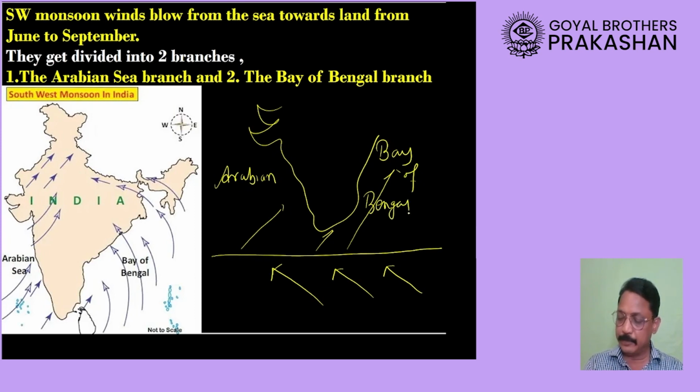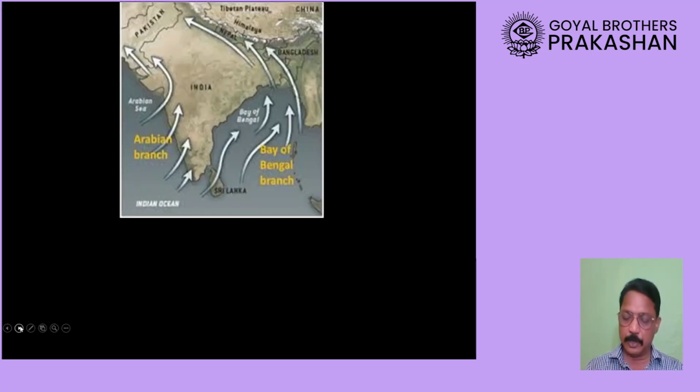It means these winds are getting divided into two branches. The first branch, which blows over the Arabian Sea, we call the Arabian Sea branch of southwest monsoon winds, and the second branch, which blows over the Bay of Bengal, we call the Bay of Bengal branch of southwest monsoon winds.